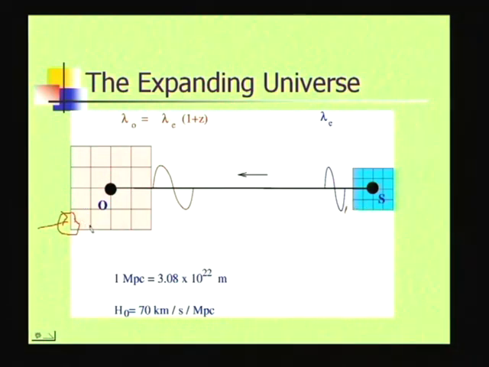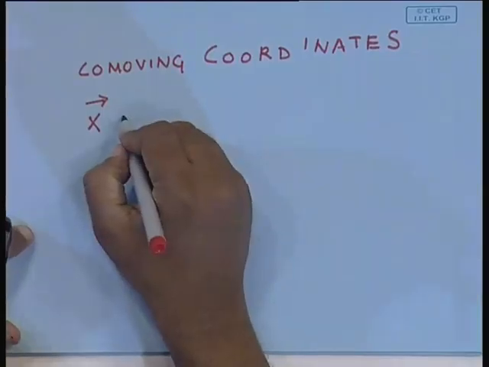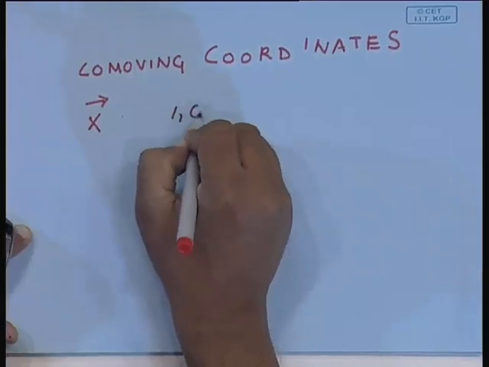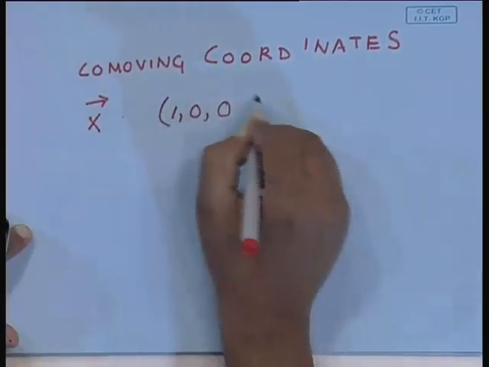The coordinate of this point remains fixed. The coordinate of this particular galaxy in this coordinate system remains fixed. The galaxy continues to have coordinate 1, 0, 0 with respect to the origin.